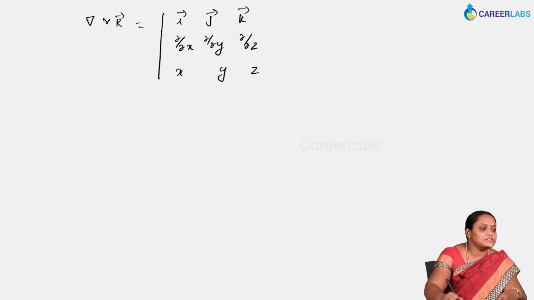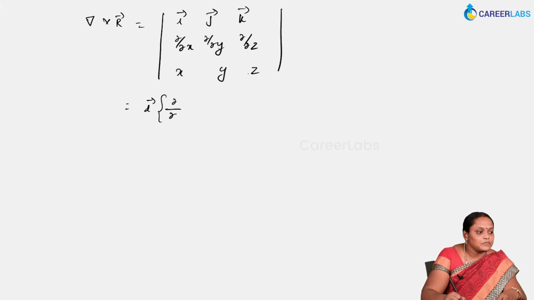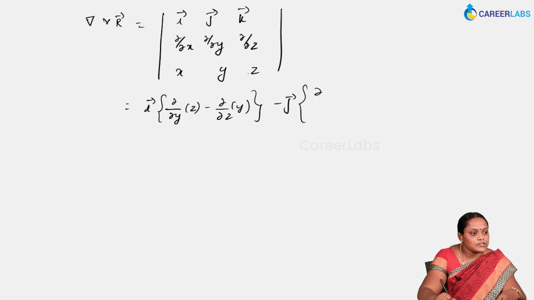So, when you expand the determinant, this is i vector of dou by dou y of z minus dou by dou z of y. And similarly, for the second term, it is minus j vector of dou by dou x of z minus dou by dou z of x.